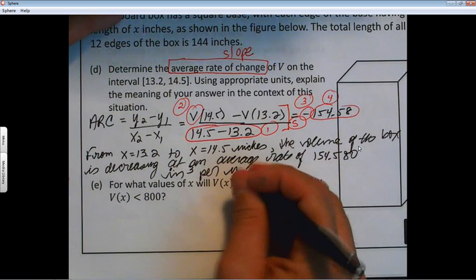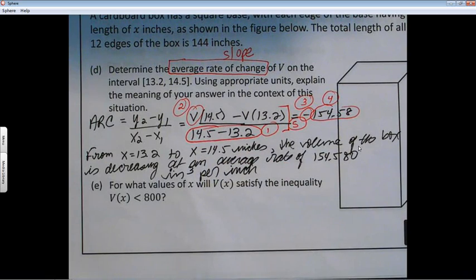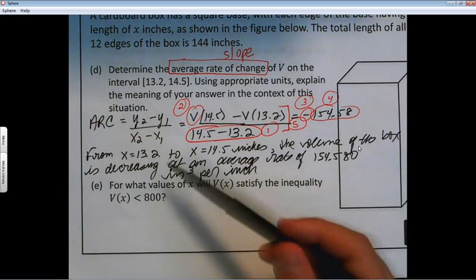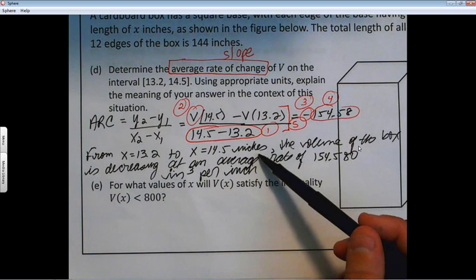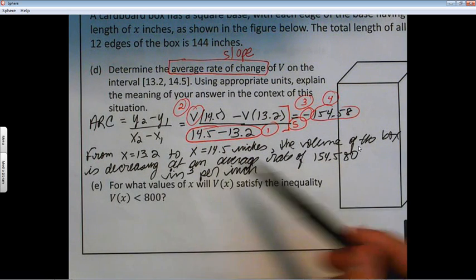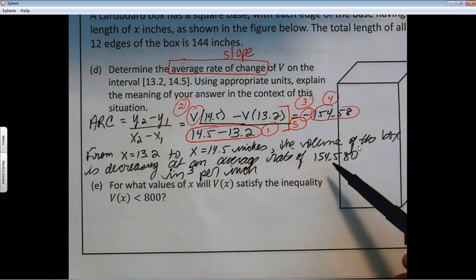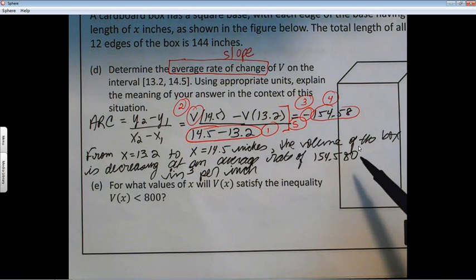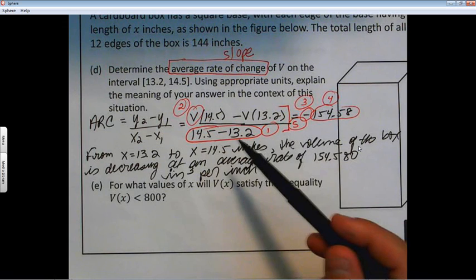And I know this is kind of busy up here. The units come from this rate of change. What's the volume measured in? The volume is measured in cubic inches, so we're going to say inches cubed per inch because that's what the denominator is being measured in.